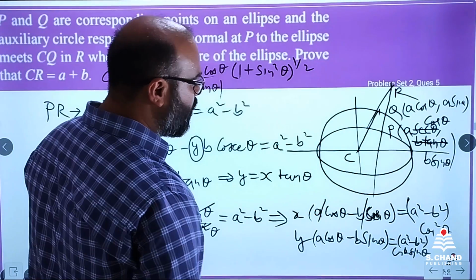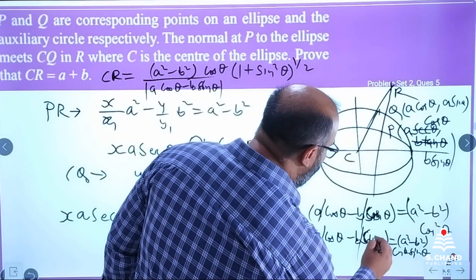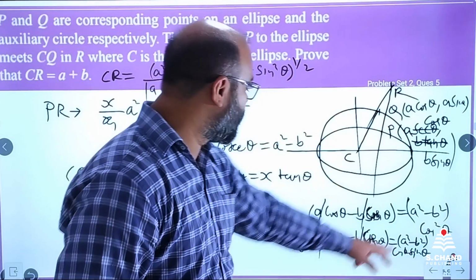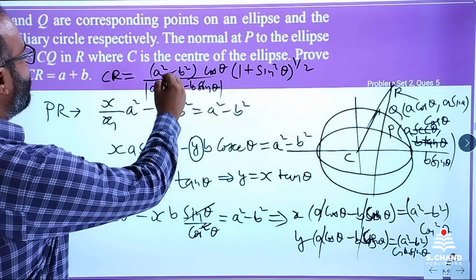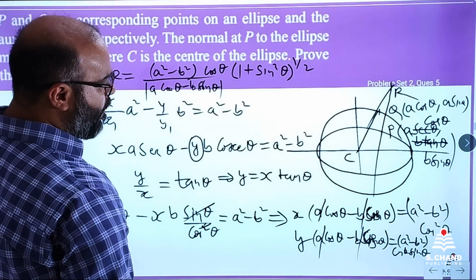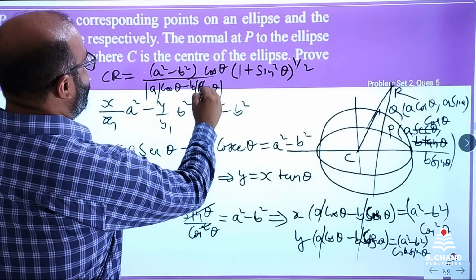Similarly here you will find a by cos theta and b by cos theta here also. And then these two things are fine. So if we come to the calculation here, this will be a by cos theta and b by cos theta, right?